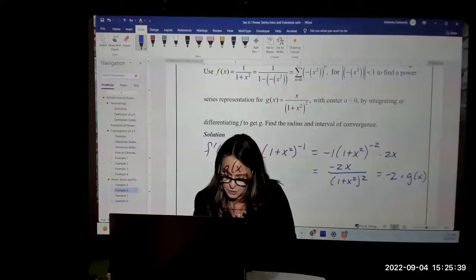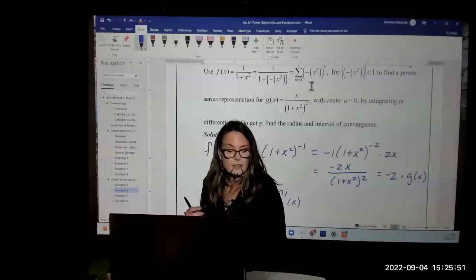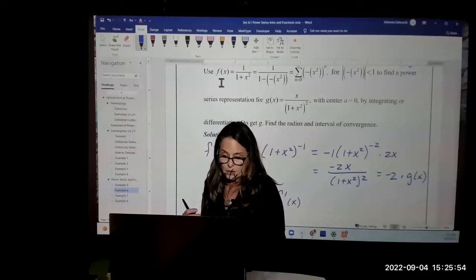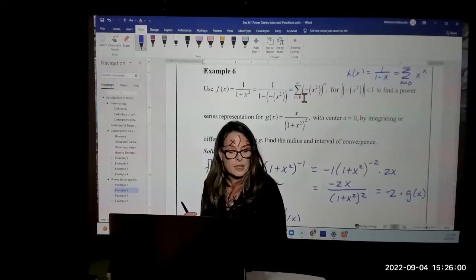So g of x, which is what I'm trying to find the power series representation for, has to be negative 1/2 times the derivative of f, right? So, but I know what the derivative, or I know what f is. F is this power series representation that we see up here at the top.